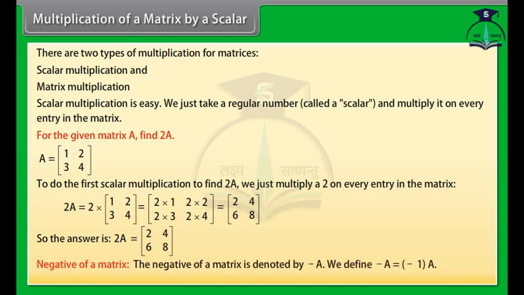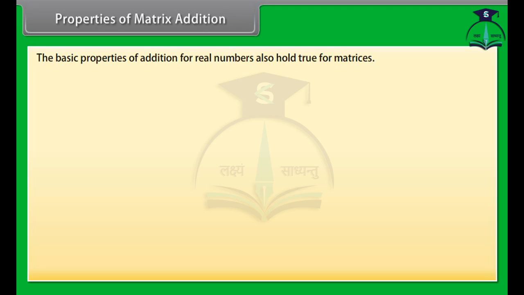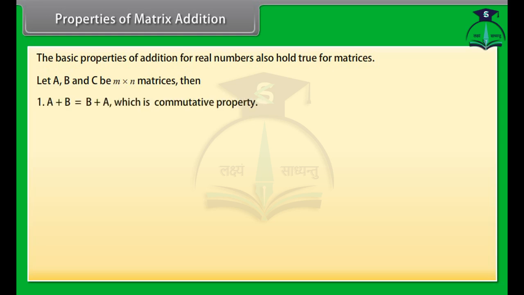Negative of a matrix. The negative of a matrix is denoted by minus A. We define minus A equal to minus 1 times A. Properties of matrix addition. The basic properties of addition for real numbers also hold true for matrices. Let A, B and C be m by n matrices, then A plus B is equal to B plus A, which is the commutative property.